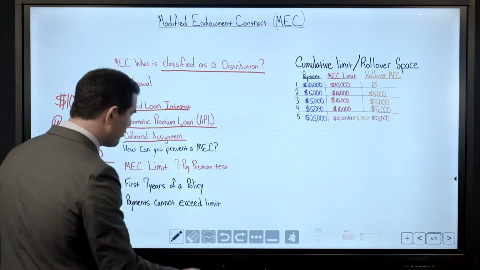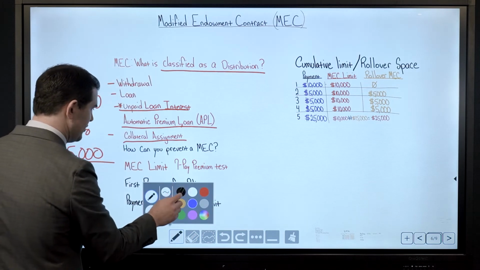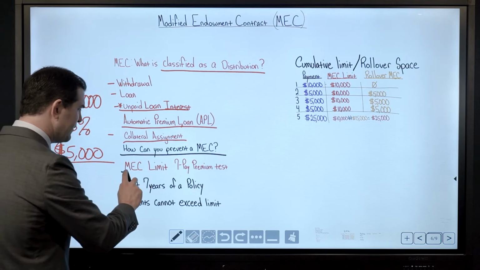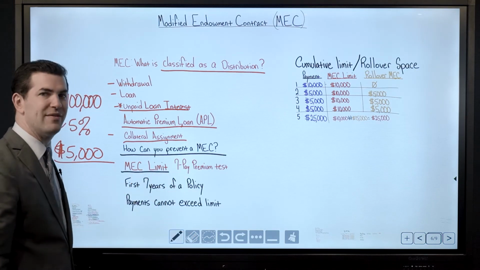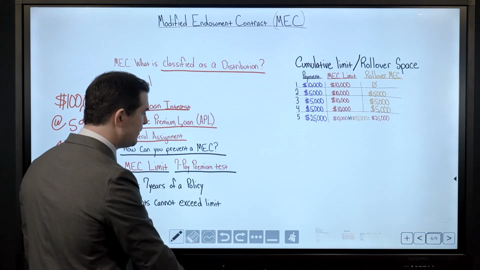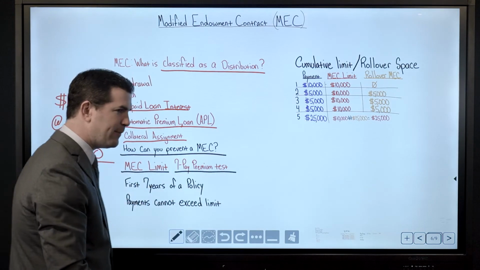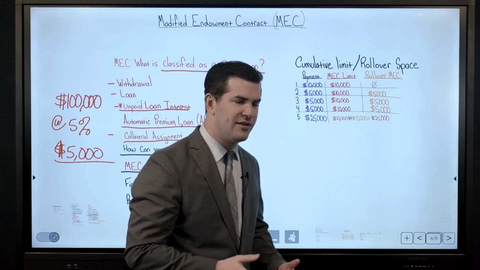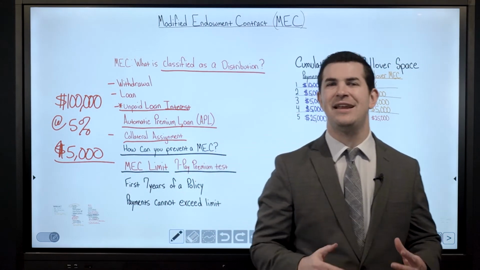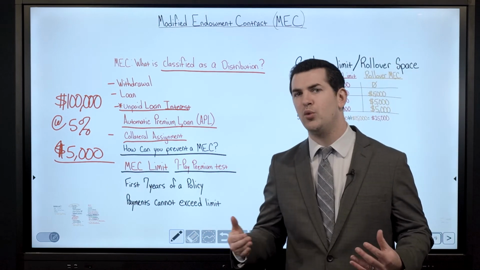So how do I prevent a MEC? That's the big question. Well, this is the fun part. Did you know that every life insurance policy has a MEC limit? It's also referred to as the 7-pay premium test. And the fun part is that you, the policyholder, along with your agent designing the policy, can set your MEC limit wherever you want.